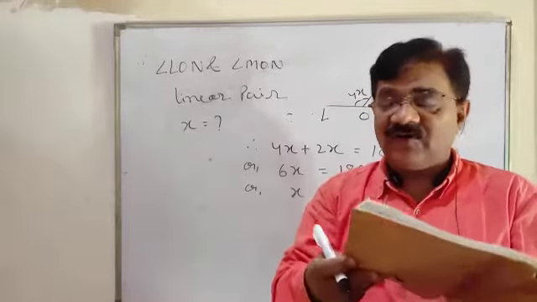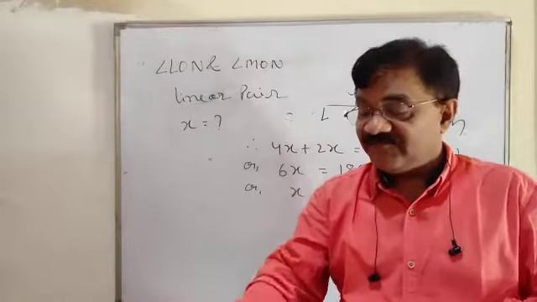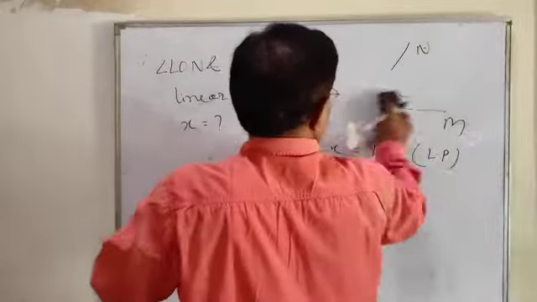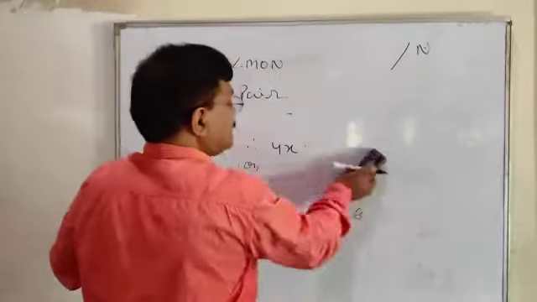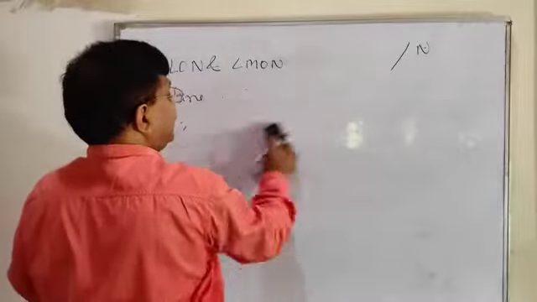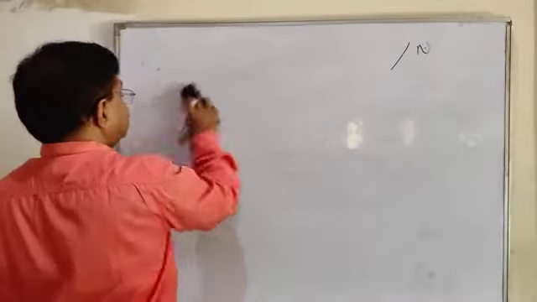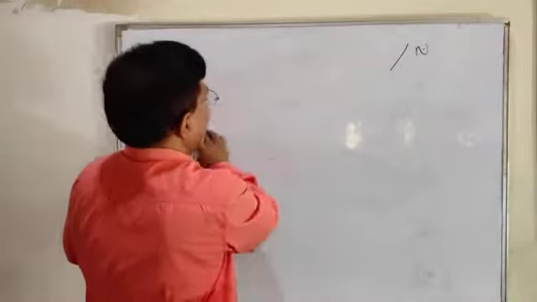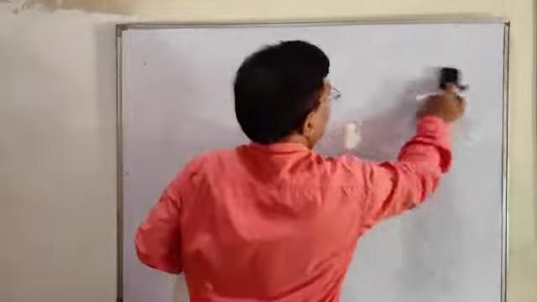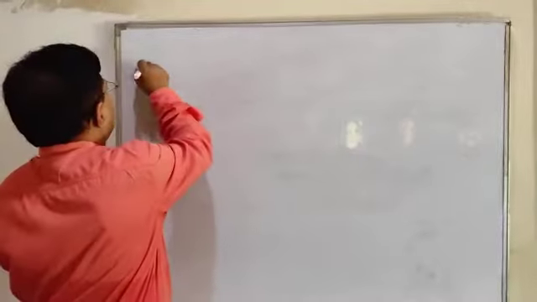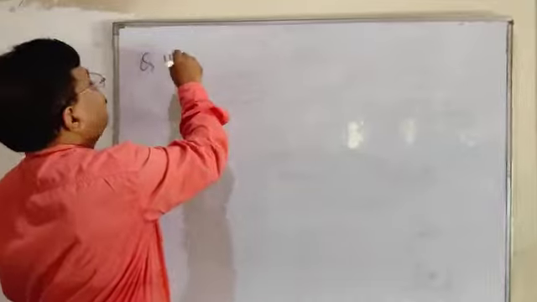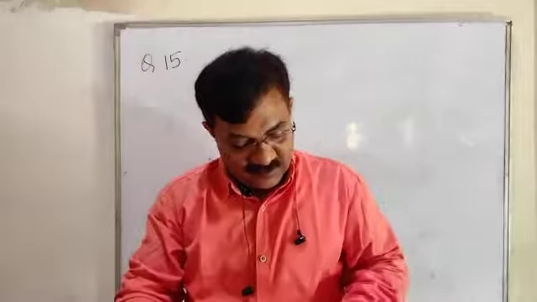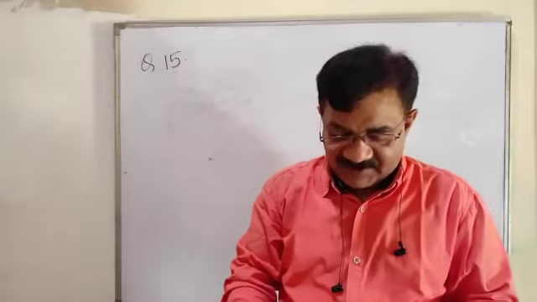Now we will solve one question of question number 15. Let us see question number 15. What is there in question number 15? One of the angles forming a linear pair is 60 degrees.